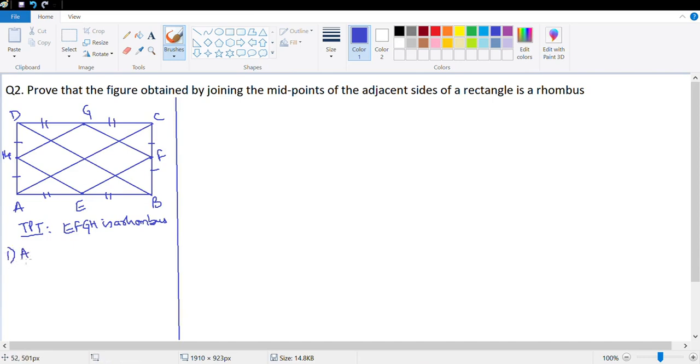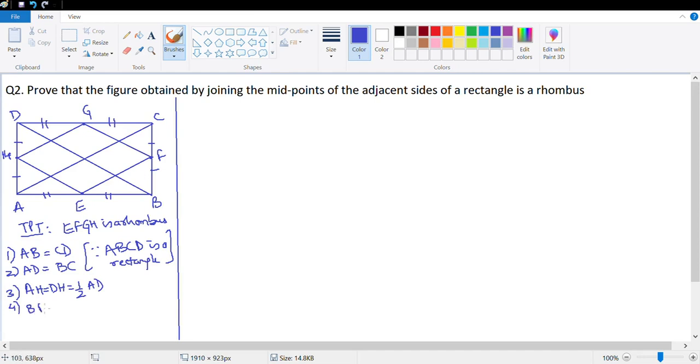So let's start writing what we already know. Number one, AB is equal to CD. Number two, AD is equal to BC, since ABCD is a rectangle. So that's our reason. Next, AH is equal to DH, number 4, is equal to half of AD. Similarly, BF is equal to CF is equal to half of BC.